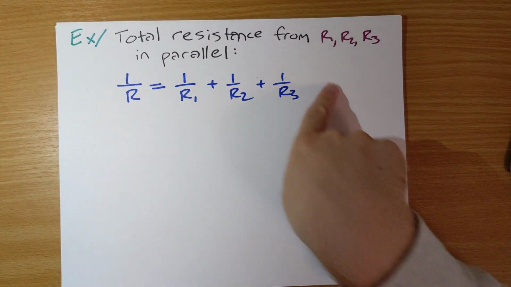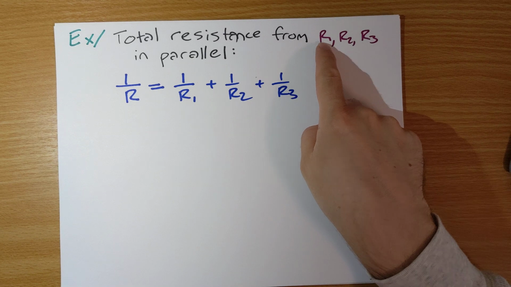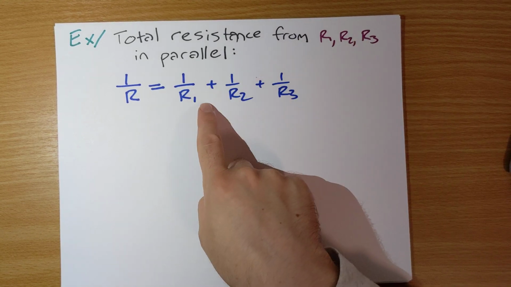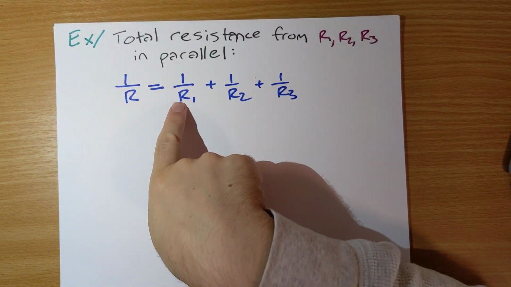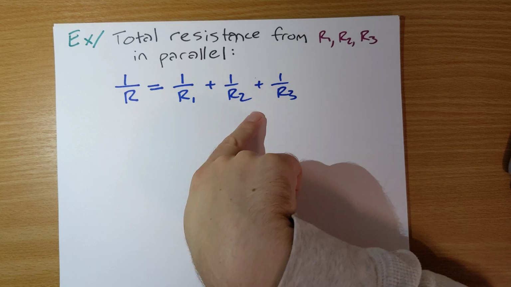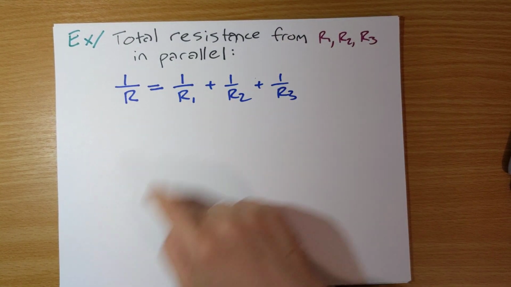You can just treat this as given. Let's say you have three resistors with resistances R1, R2, R3 in parallel. The equation that you get is 1 over R is equal to 1 over R1 plus 1 over R2 plus 1 over R3. If these were in series instead of being parallel, you'd have a different equation.